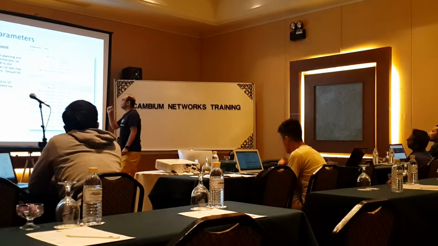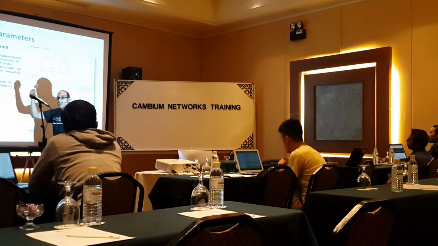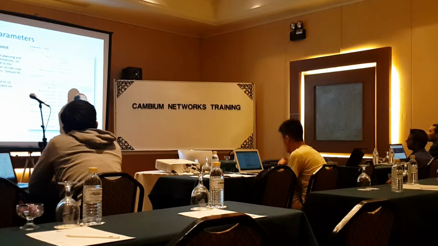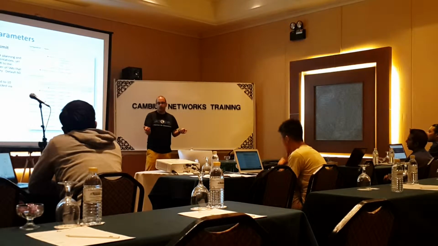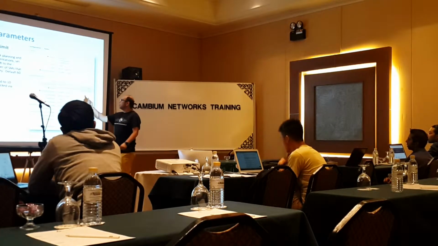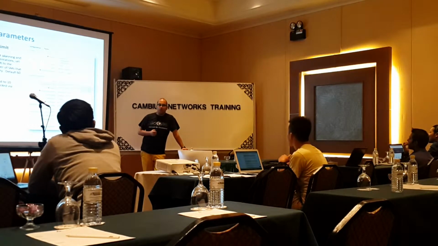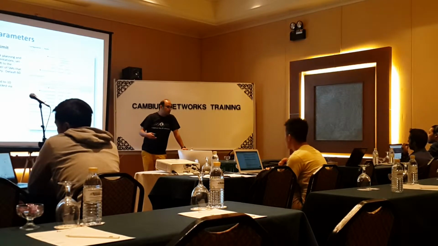Max registration allowed. By default, theoretically, 120 clients can connect. By default, they can already connect. But Cambium's recommendation is 50%. Why? Assume that this access point can give you an aggregate throughput of about 200.